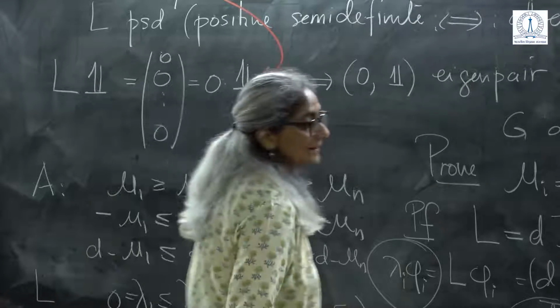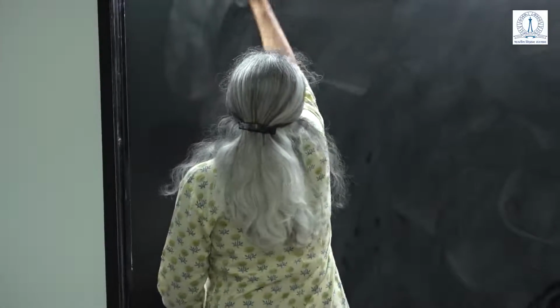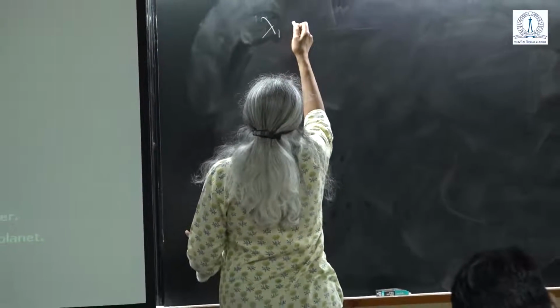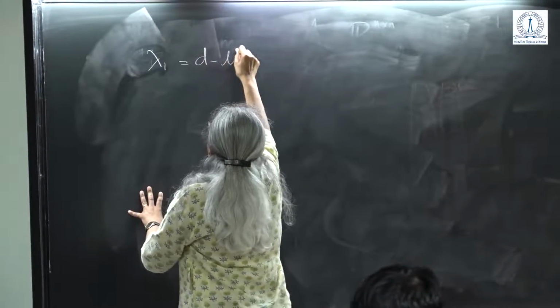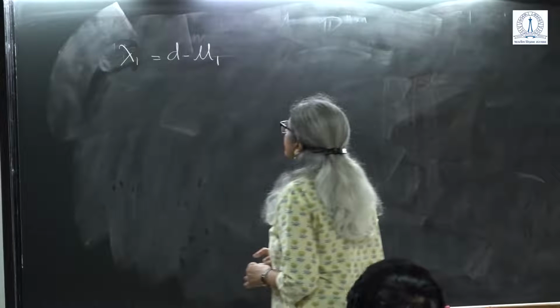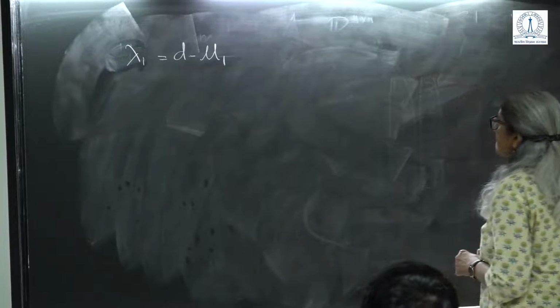Let's go the other side. So mu_1, or lambda, let's write lambda_1 is d minus mu_1. That's what we just proved, right? Lambda_1 is d minus mu_1.